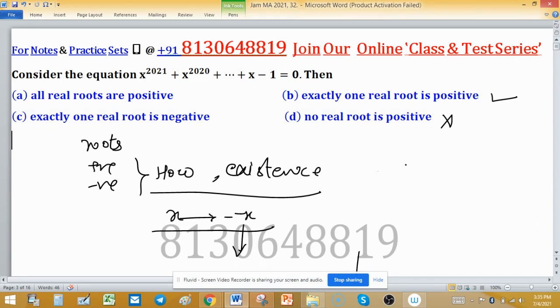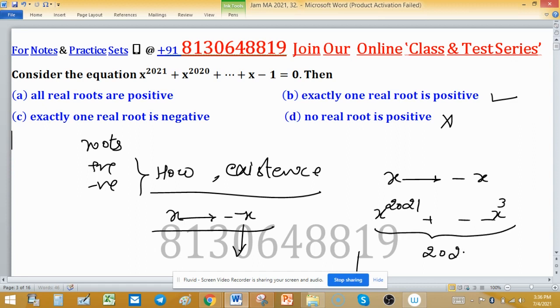So we can see that after the transformation of x to minus x, we see that up to x raised to the power 2021 and so on up to x raised to the power 3, up to here there are 20 terms. So one is negative, meaning alternate negative positive, and this is even.